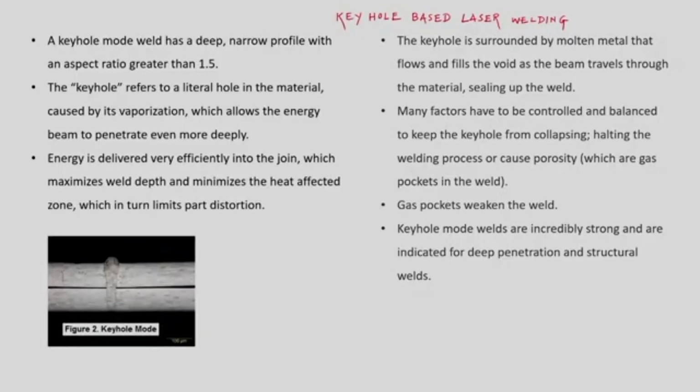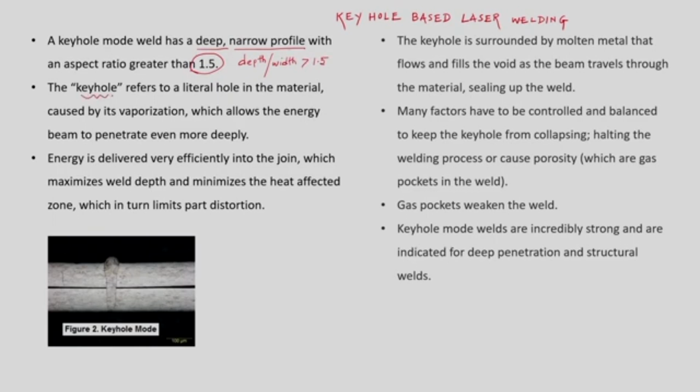So here the keyhole is generated by vaporization caused by the laser beam, which is very essential to join two different materials. Keyhole mode is a deep narrow profile with an aspect ratio more than 1.5, so the depth to width ratio is more than 1.5.